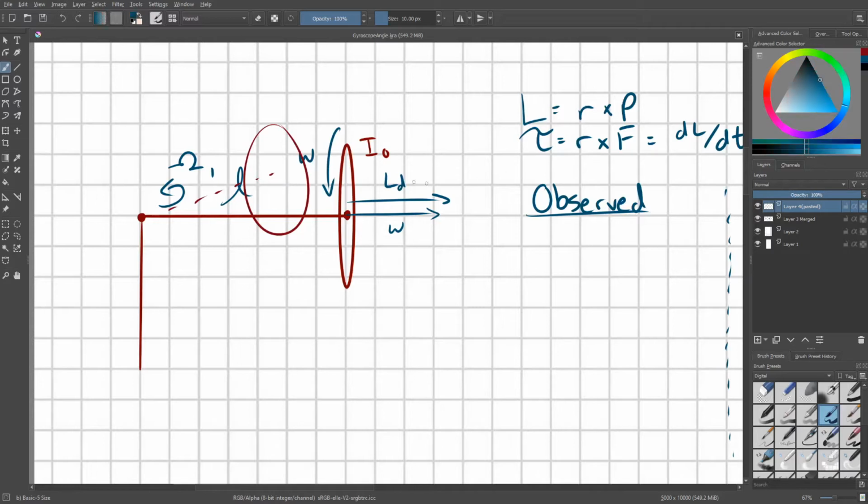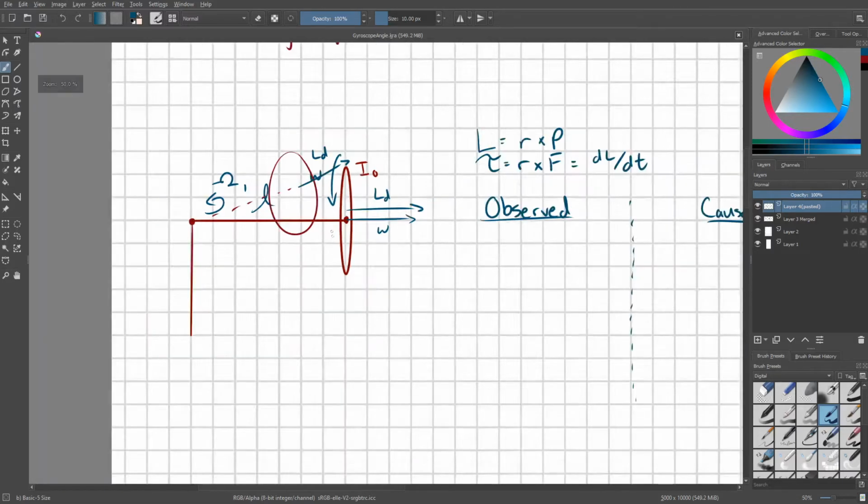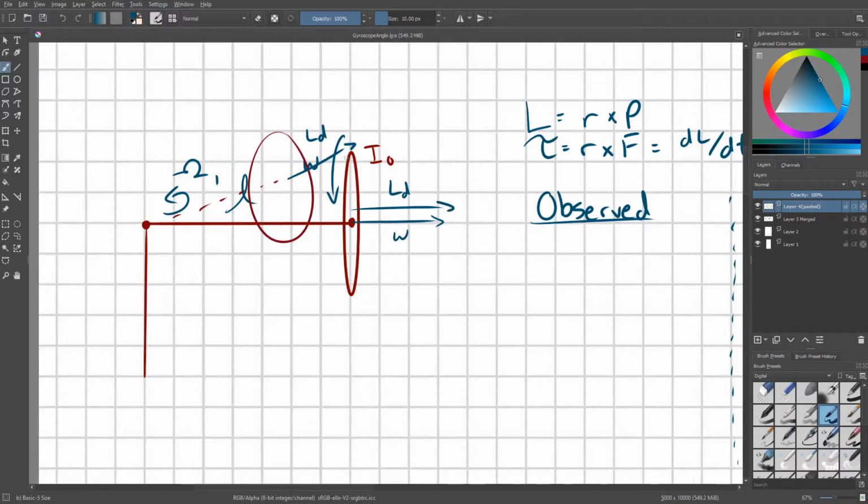At that point, that means that L_D is going to be like that, and there's our omega. That's inevitable because we know that it's perpendicular to the disk. So if the disk is rotating like that, L_D is also changing. So we know that's happening. So I'm going to edit my notation. I'm going to call this L_D naught, and I'm going to call this L_D final.